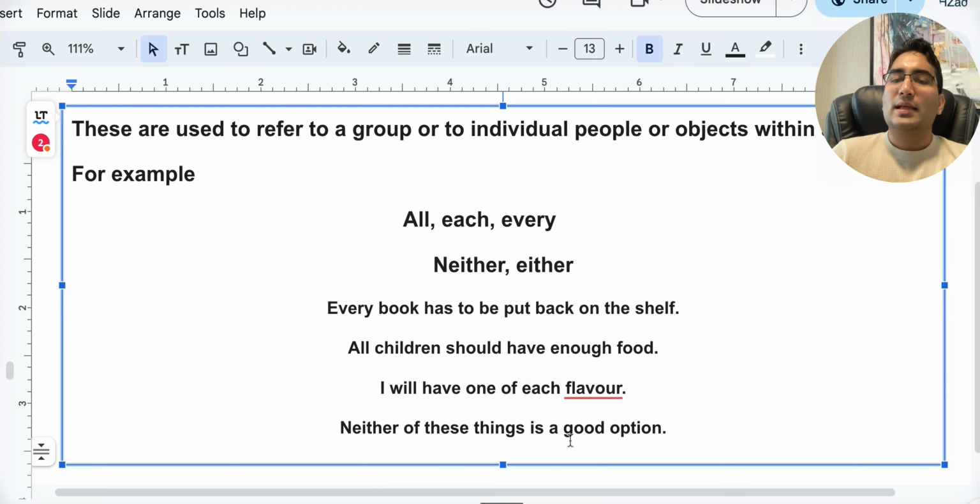Neither of these things is a good option. Now, neither has many uses, so you want to be careful on how you use this. But in this case, when we're talking about multiple things, could be 2, could be 3, could be 10. You're saying neither of these things is a good option. If you wanted to say it positively, you can say all of them are great options, but you want to try to say or emphasize that I like nothing here.